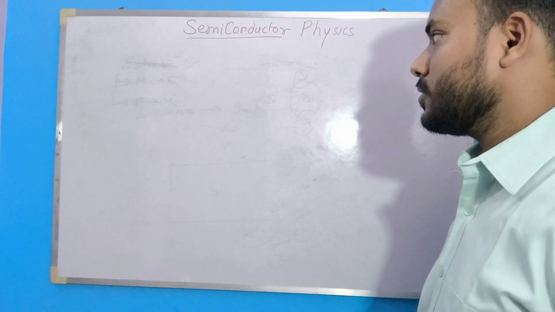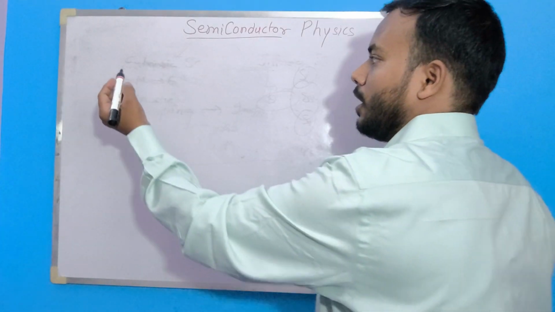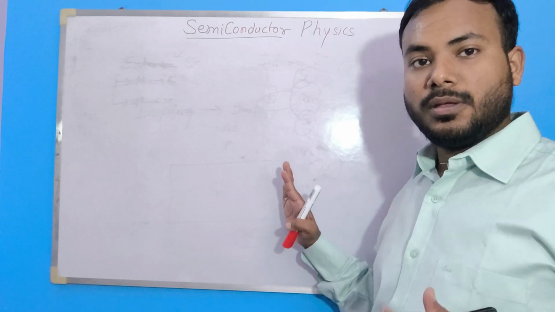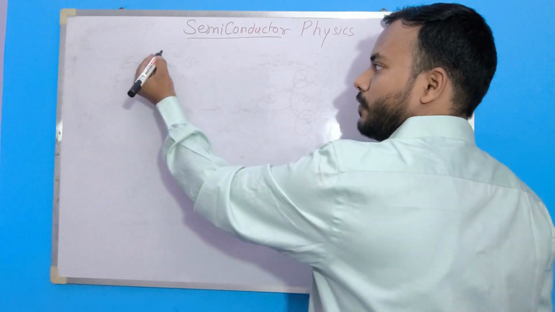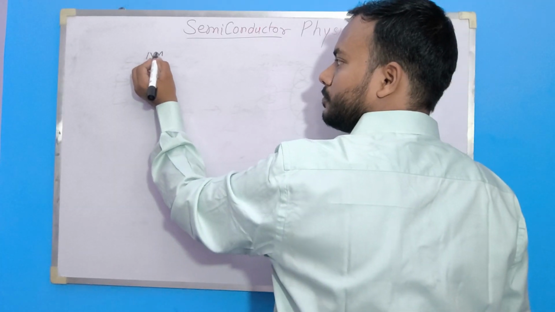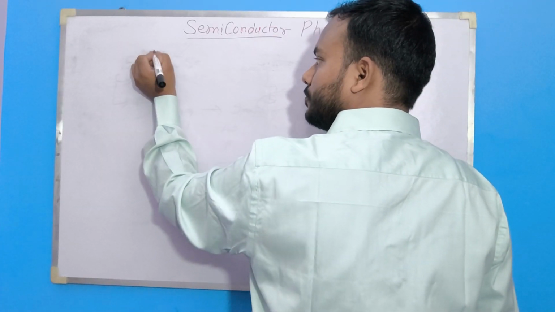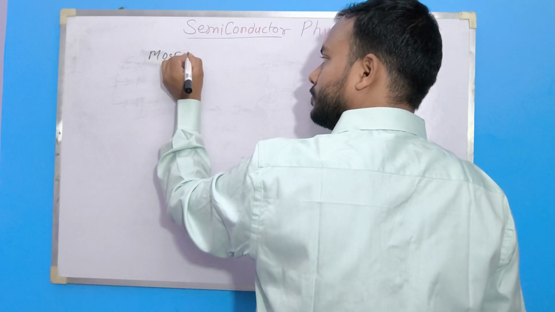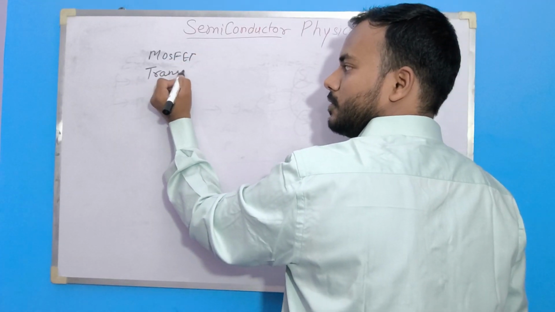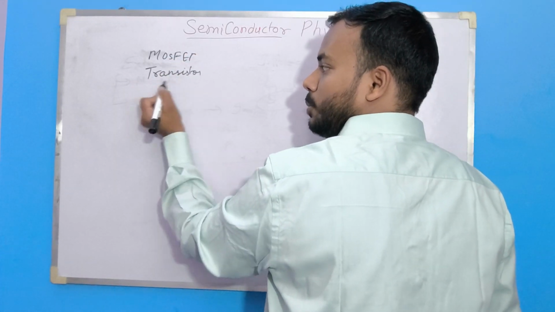Now we will discuss how n-type and p-type make a semiconductor, because we are using MOSFET, transistor, BJT.